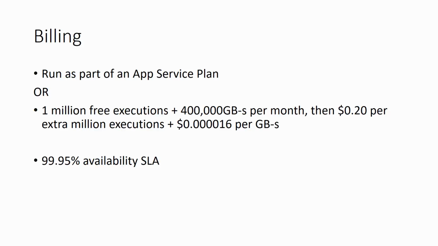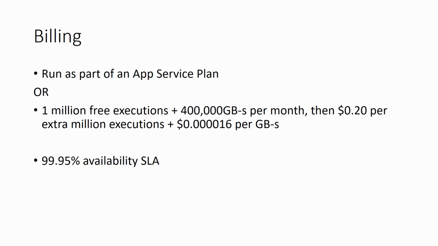So you actually get 1 million free executions a month if you go on the consumption plan, and you get 400,000 gigabyte seconds. That's in terms of the amount of memory that's being used for a second over the month. So that's quite a lot. And then over that, you only pay 20 cents per million executions and a ridiculously small fraction of a cent for gigabyte seconds above that.